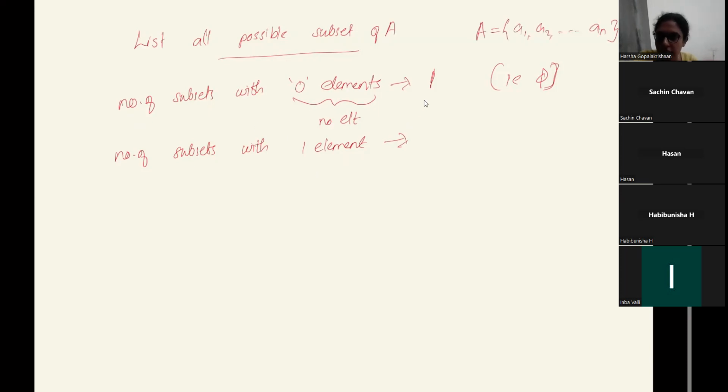For example, the set {a1} is a subset of A, right? In the same way, the set {a2} is a subset of A, and so on. The set {an} is also a subset of A. Clear? So now tell me how many subsets are there with one element? n number of subsets. Yeah, n.